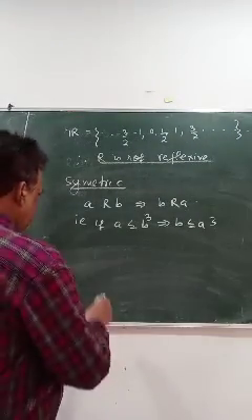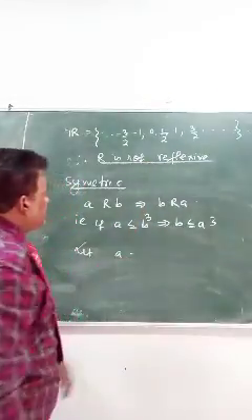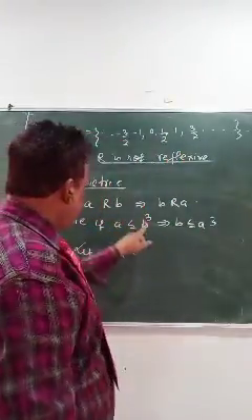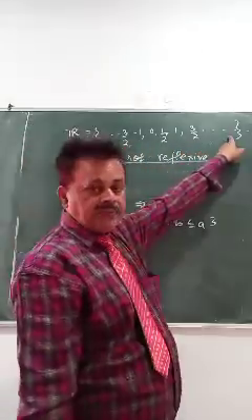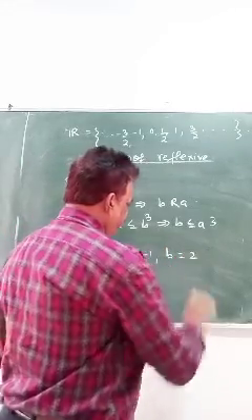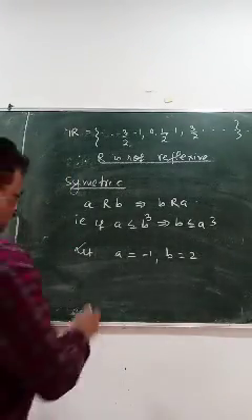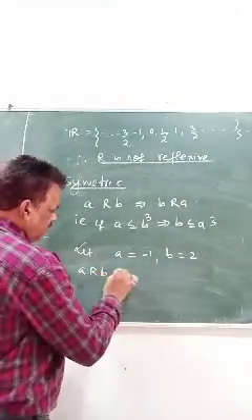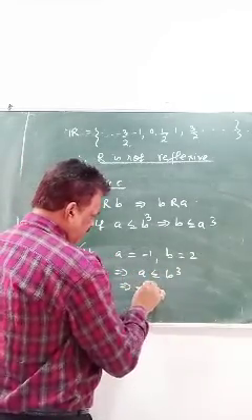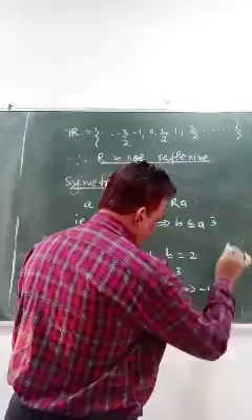Suppose you have to guess. Remember, for reflexive you need one element, for symmetric you need two elements. That means I have to choose two elements from here. Suppose A is equal to minus 1, B is equal to 2. Then what shall I find? A relates B implies A is less than or equal to B cube implies minus 1 is less than or equal to 2 cube implies minus 1 is less than or equal to 8.